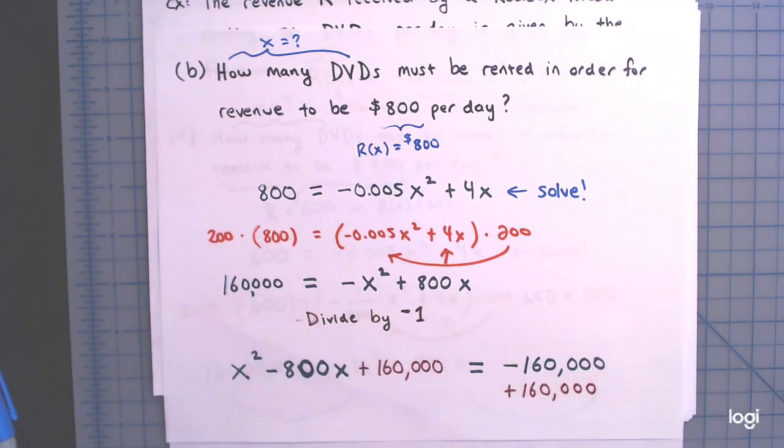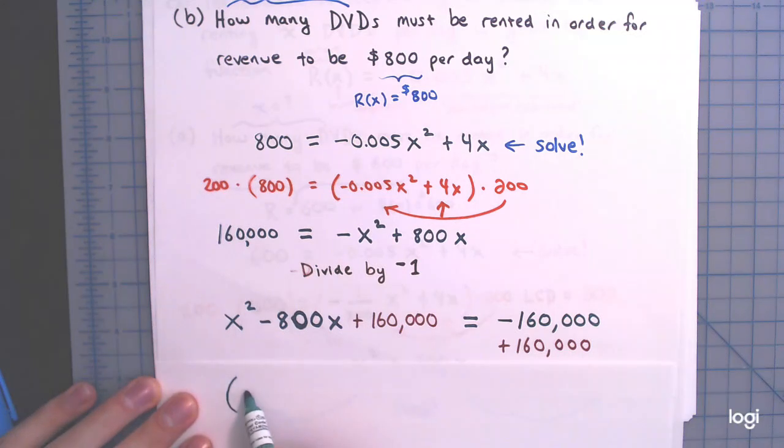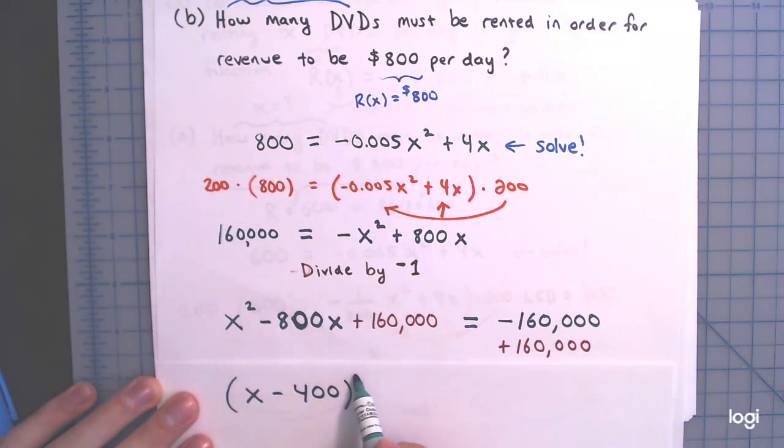Then comes the factoring, right? This left side is now a perfect square trinomial. So I should be able to write that as a perfect square. And that would be, again, x minus 400 to the second power, just like last problem. But this time, right, the number on the other side is 0.